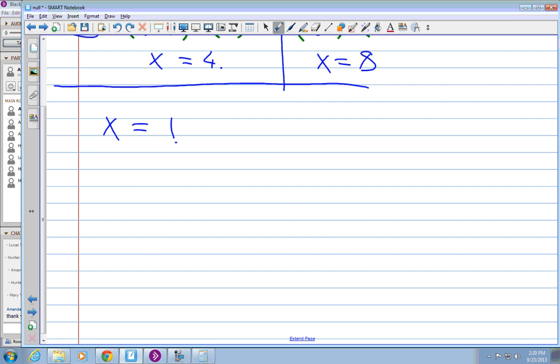Everybody's happy? Okay. Now let's see what happens if I square both sides. If I square both sides, I'll get this equation, x squared equals 1. Well, let's solve that equation. What are the solutions to that equation? 1 and negative 1. All of a sudden, we got an extra solution that wasn't a part of the original equation.